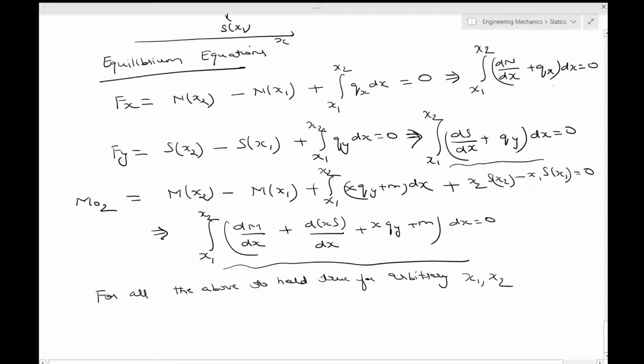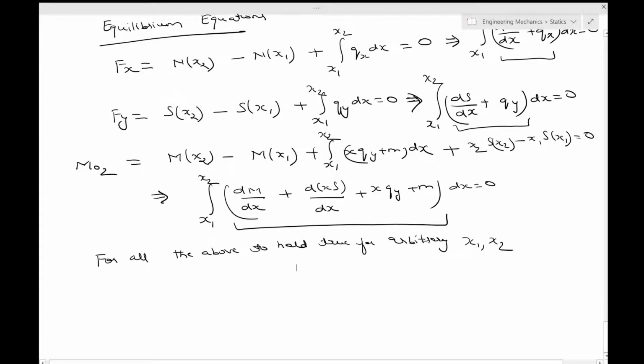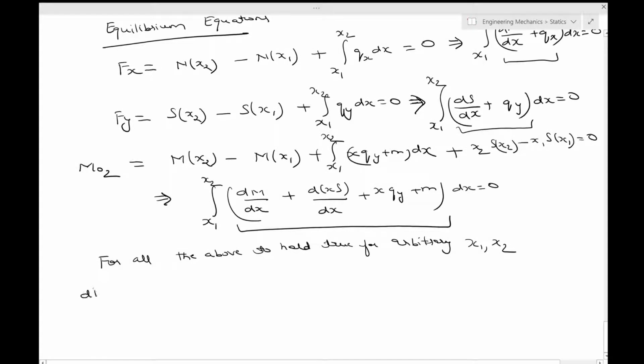Okay, and that's the so-called zero value theorem, or whichever way you would want to call that. So this clearly means that dN by dx, I'm sorry, dN by dx is equal to minus qx, dS by dx is equal to minus qy, and dM by dx is equal to minus S minus m.